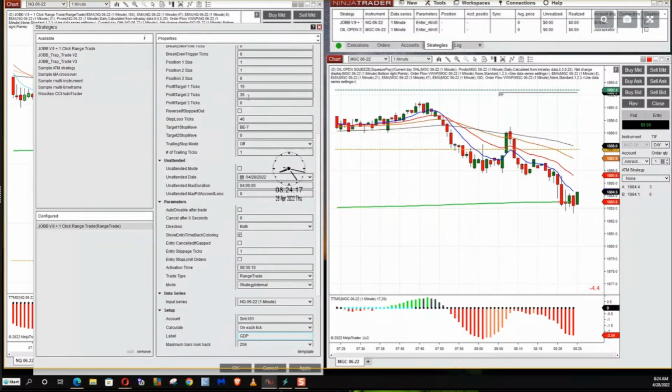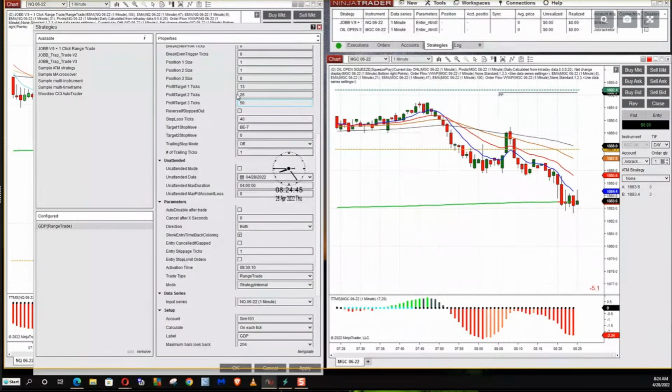But the way that I would love to trade this report is 3 targets. Okay. I would want to do like 13, 26, and 50. Okay. 13, 26, and 50.